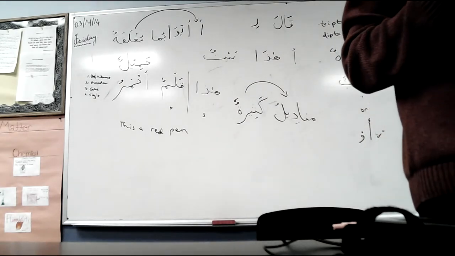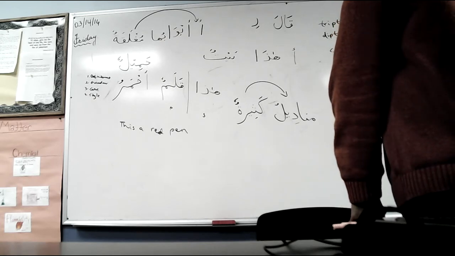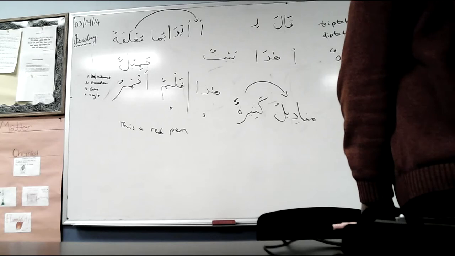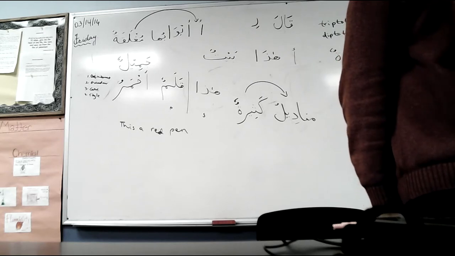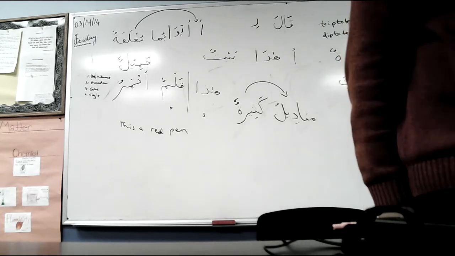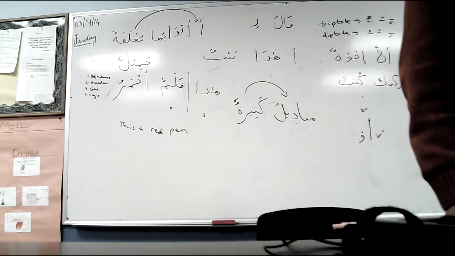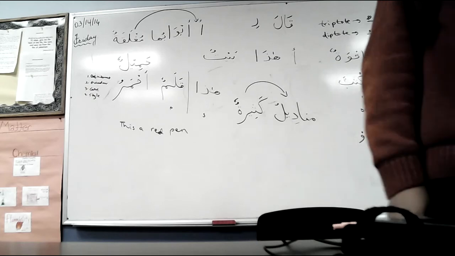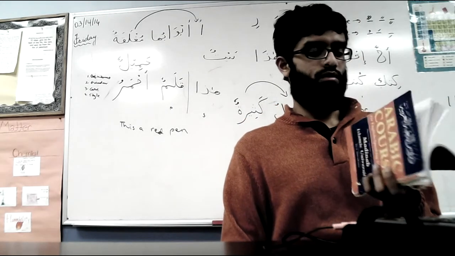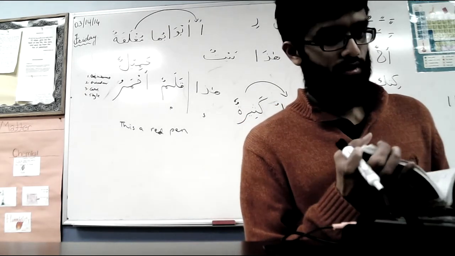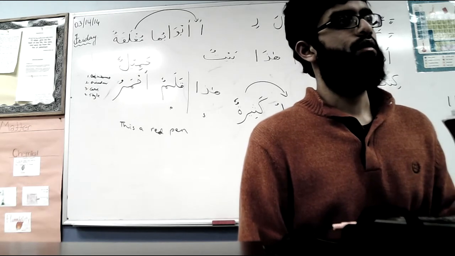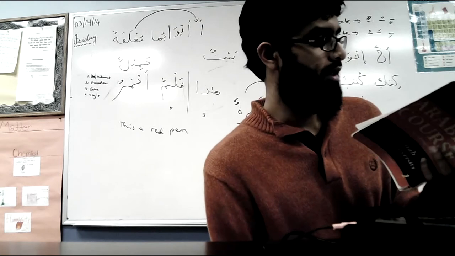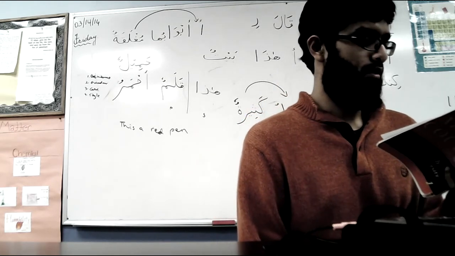عندك منديل أسود أو أخضر. Do you have aswadu or akhdaru? Okay, what does that mean? Did you say عندك or عندك? It's going to be عندكِ, with ki, right? Because you're talking to a woman. عندكِ منديل أسود.